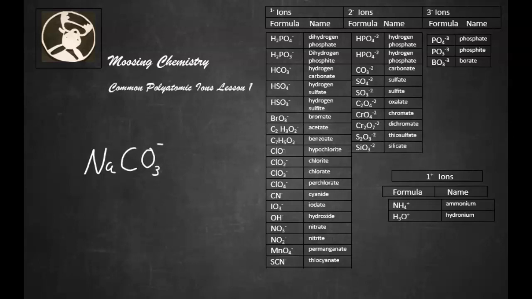That has a -2 charge, and sodium has a +1 charge. Guess what? We're going to do a crisscross here. And when we do, we're going to get Na2CO3. So you have a -2 here, and you have a +1 here. So 2 minus 2 is 0. So that works out great.